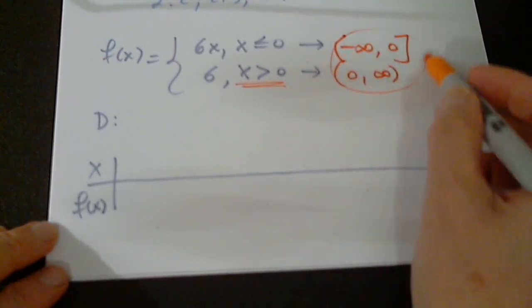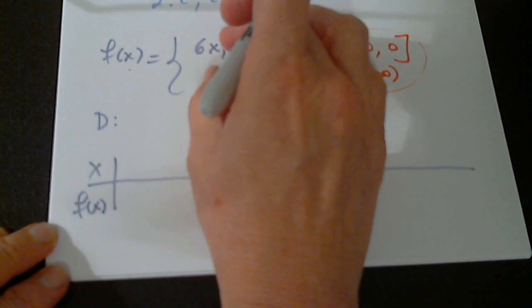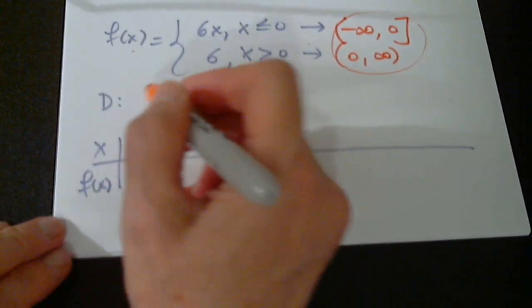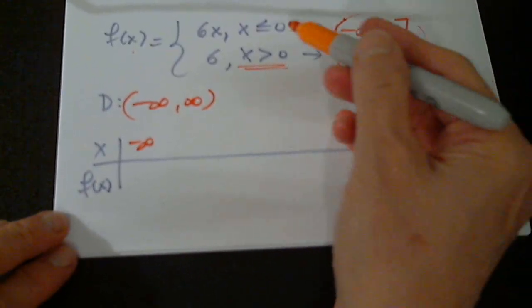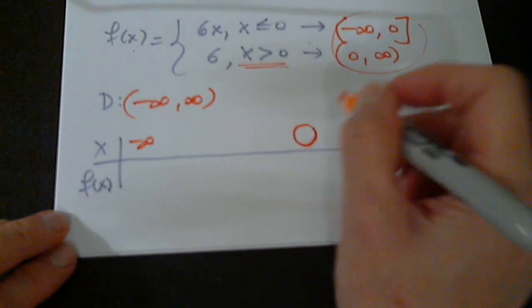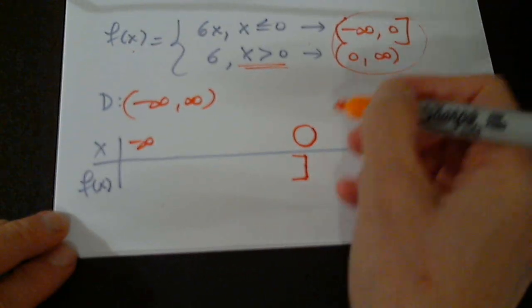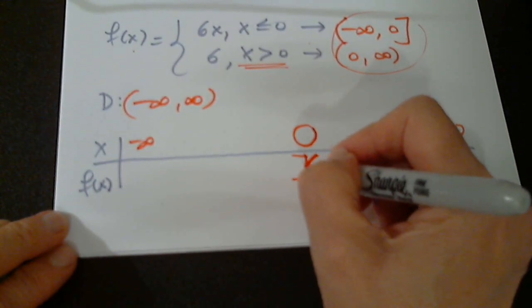So obviously, what will you say about the domain of this function, considering both pieces? Negative infinity, infinity. Excellent. 0 is the key. Bracket facing left, parenthesis facing right, and touching.